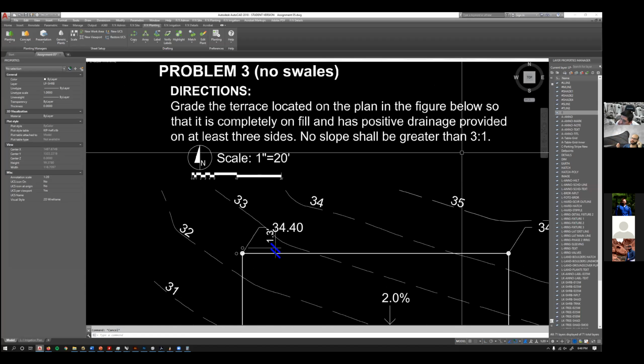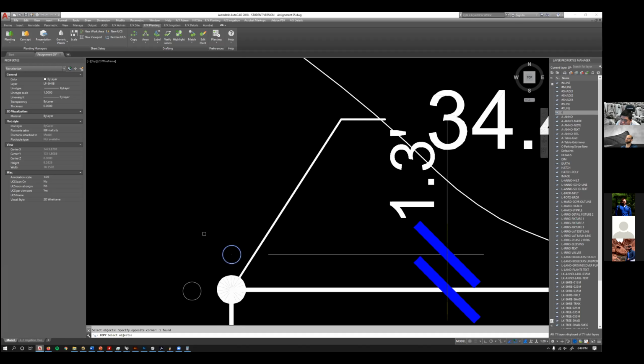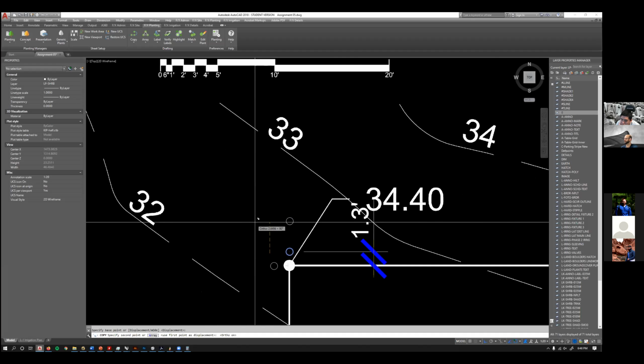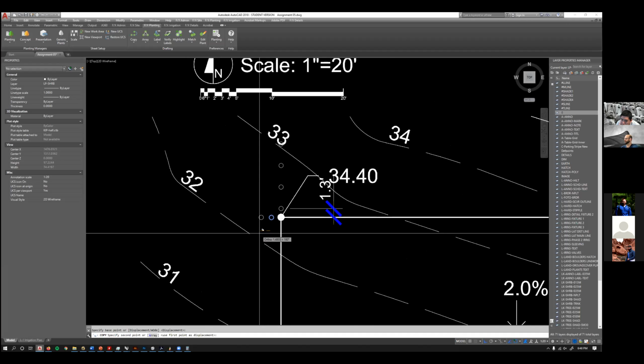So your contours are going to be a minimum of 3 feet apart for a 3-to-1 slope. You're going to copy these dots or draw them at every 3 feet. And this is also where your contours are going to be, right? Your contours have to stay a minimum of 3 feet apart in order to meet that 3-to-1 slope.